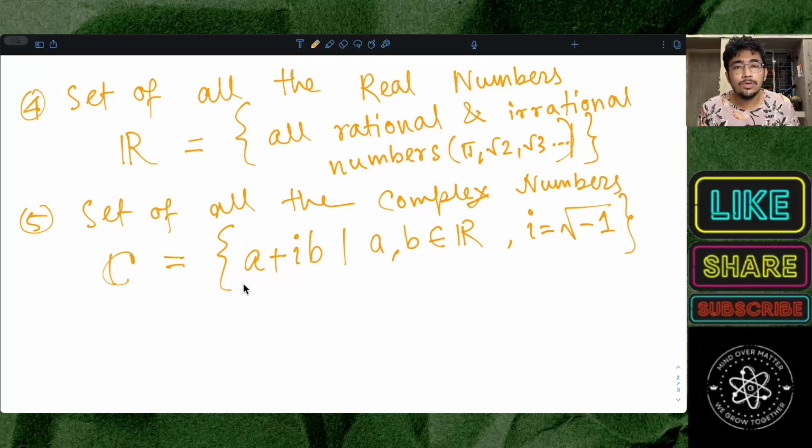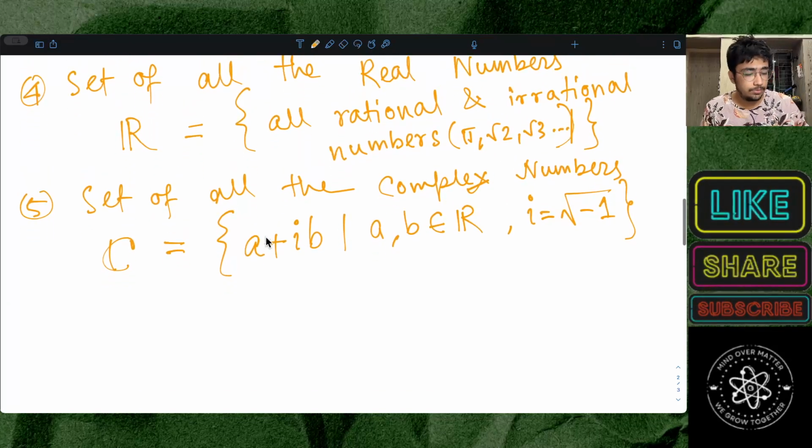One thing you can notice is that if we set b equal to 0, then the set of all complex numbers becomes the set of all real numbers.